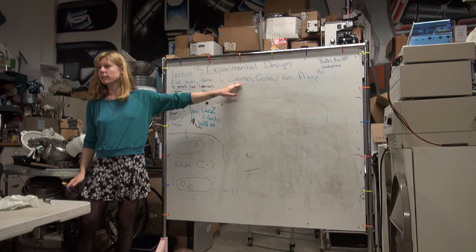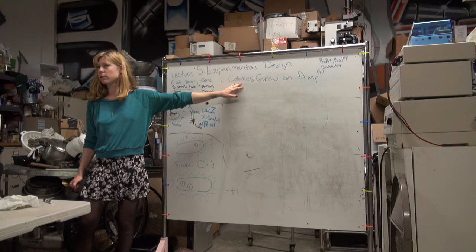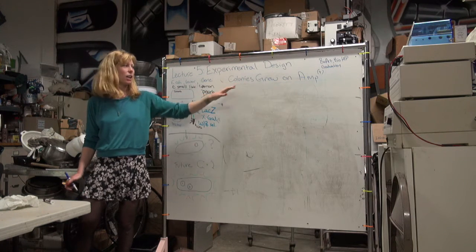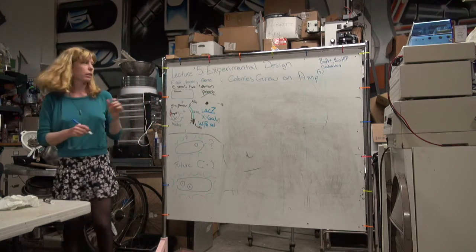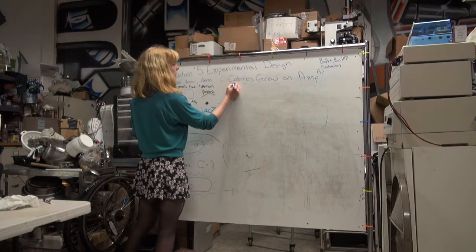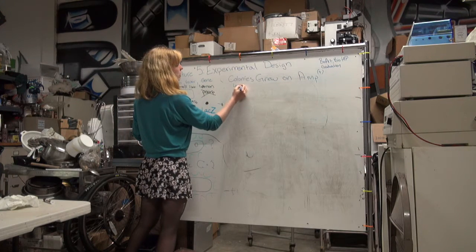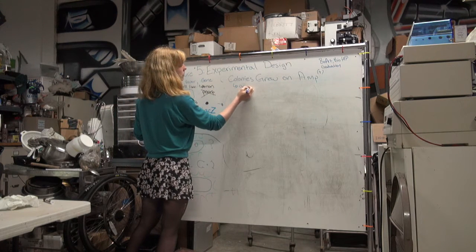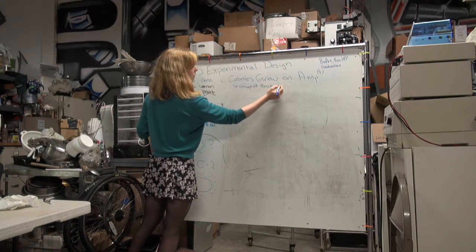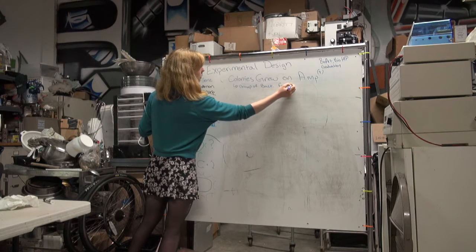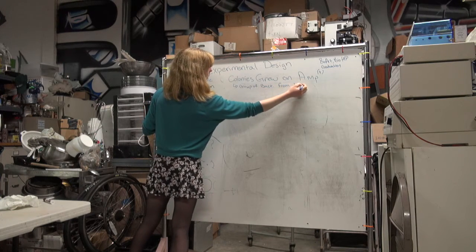When I use the word colonies, can somebody remind us what that means? All right. Bunch of bacteria. Yeah, so colonies, yep. Separate groups of bacteria. So a colony is a group of bacteria from one, let's call it a mother cell.